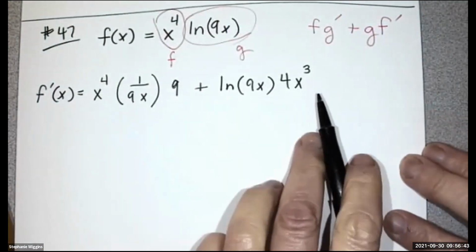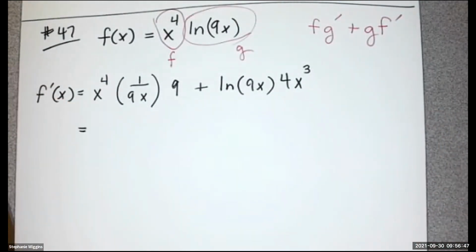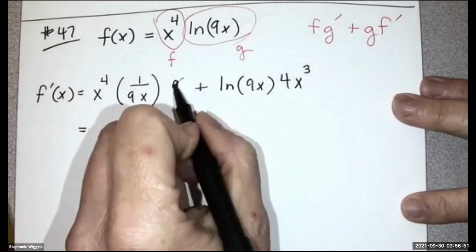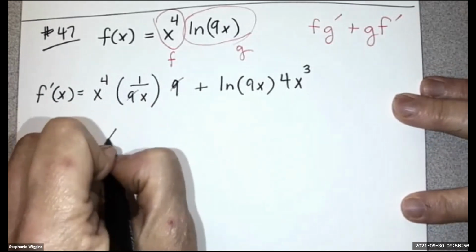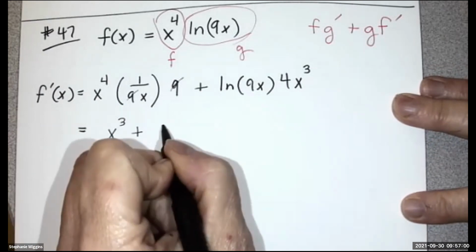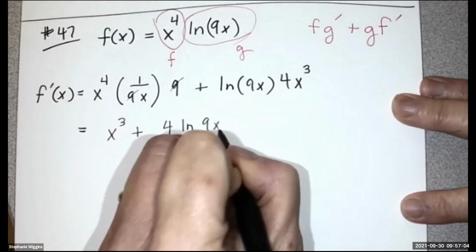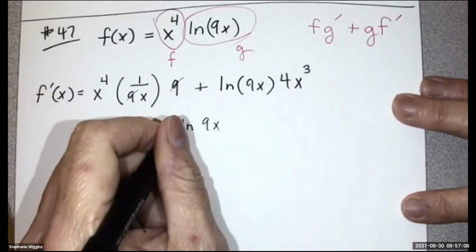Okay, so you can leave it like this. Or if it's a multiple choice question, you want to match it. So here we have the 9's cancel, and we have x to the fourth divided by x is going to be x cubed plus 4 times the natural log of 9x. And then we have an x cubed in there also.